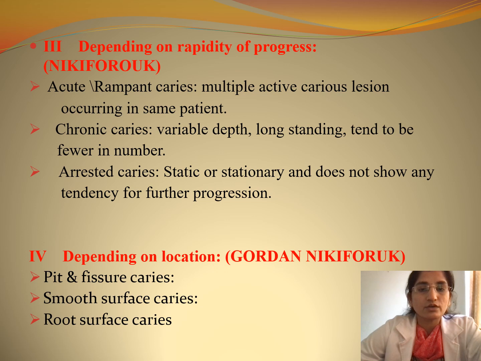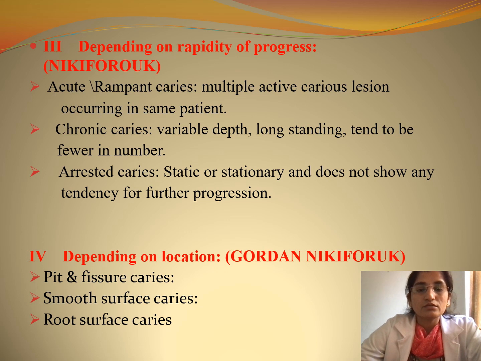Acute and rampant caries is multiple active carious lesions occurring in the same patient. Chronic caries presents as variable depth, long-standing caries. Arrested caries are those which are static or stationary and do not show any tendency for further progression.